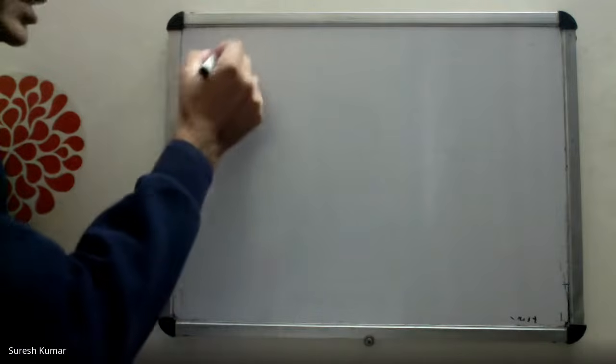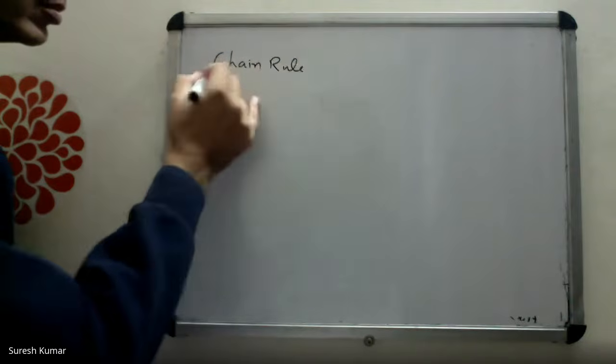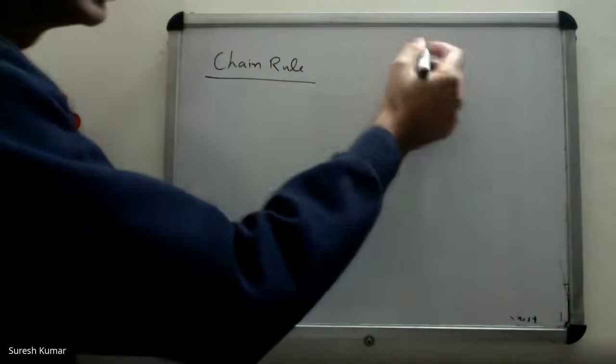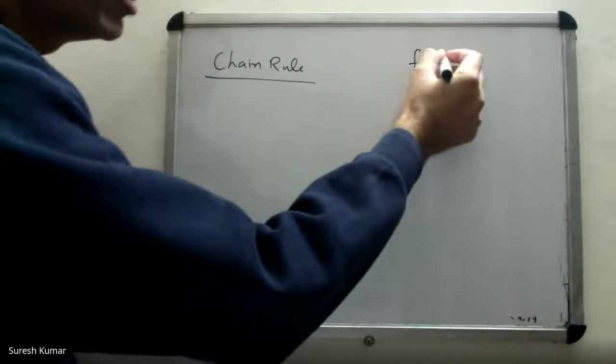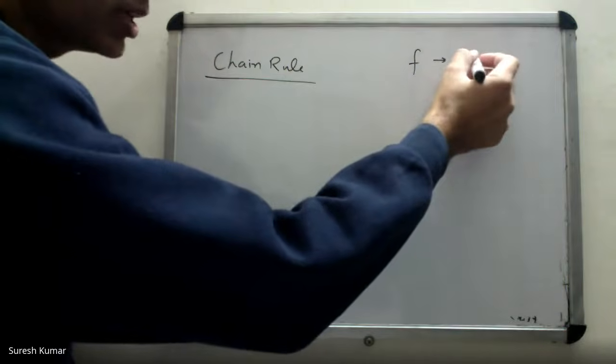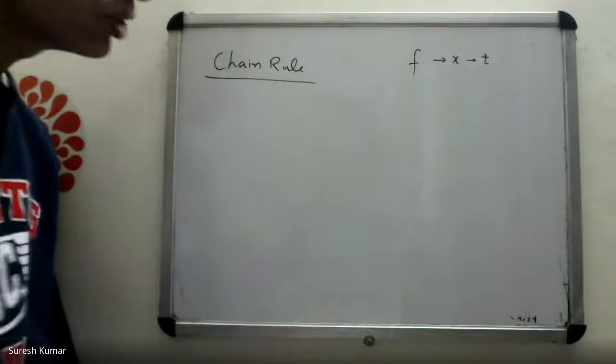Now, next is chain rule. Hope you recall chain rule in the one variable case. Suppose f is a function of x and x is a function of t. f is a function of single variable x. Suppose x is further a function of t.